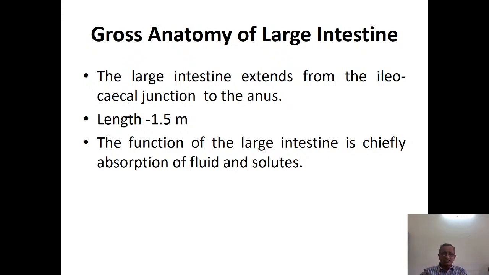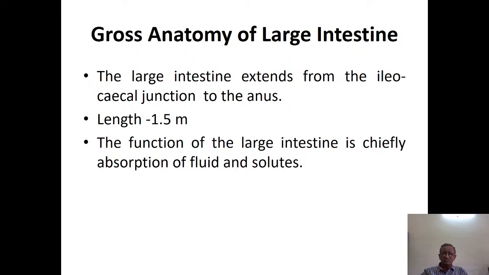The large intestine is about 1.5 meters in length. The function of the large intestine is chiefly absorption of fluid and solid. By the time the food taken into the mouth has been digested and absorbed during its journey, the digestion starts in the mouth itself, then in the stomach, then in the small intestine, the duodenum, jejunum, ileum, wherein we see the major part of the digestion and absorption.